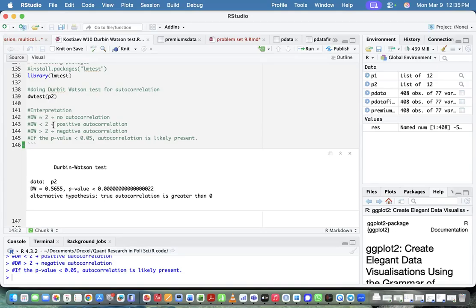And again, if p-value is below 0.05, and we always compare with 0.05, the autocorrelation is likely present.